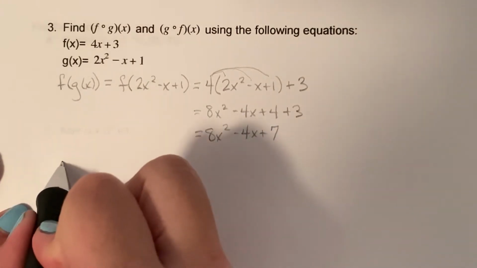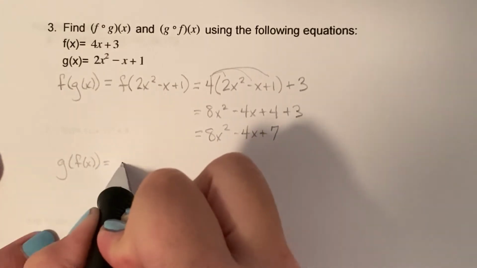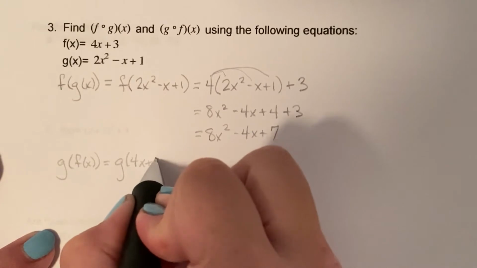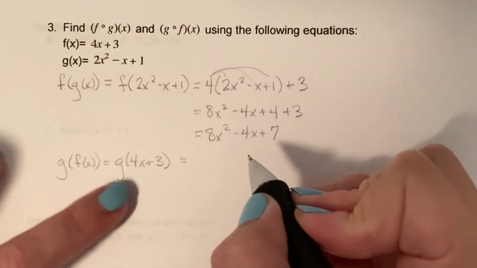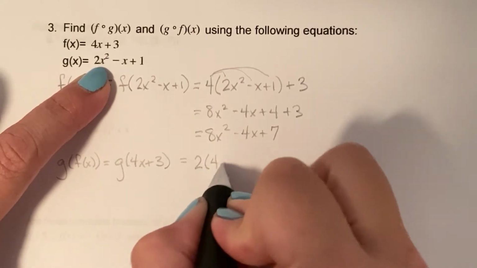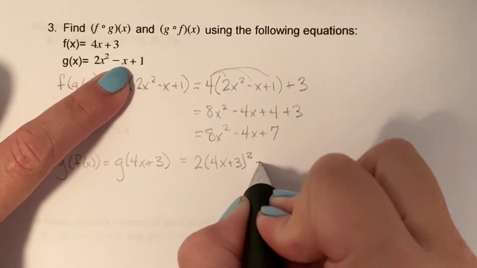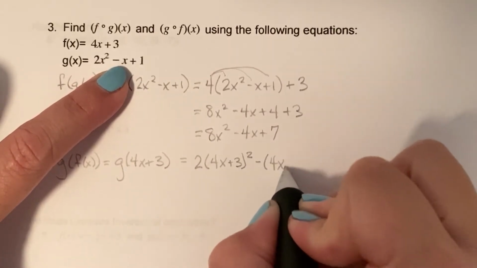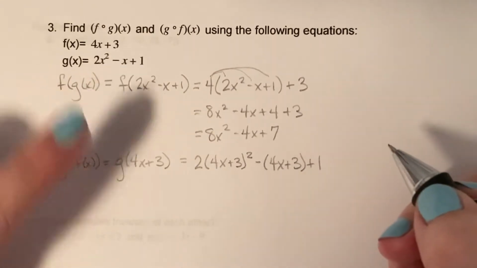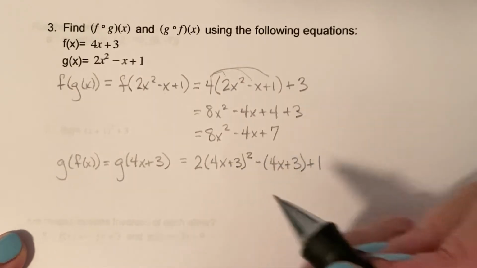All right, now let's do g of f of x. Again, if this step helps you, go ahead and write it. Okay, so we start writing the g function. When we get to an x, input it in, squared minus 4x plus 3 plus 1. Okay, so first we'll have to distribute this, or FOIL that.